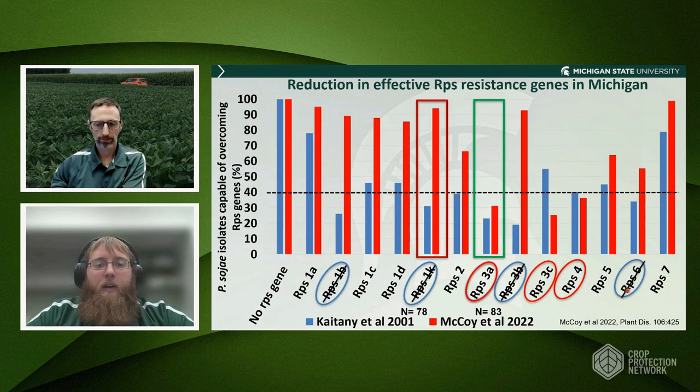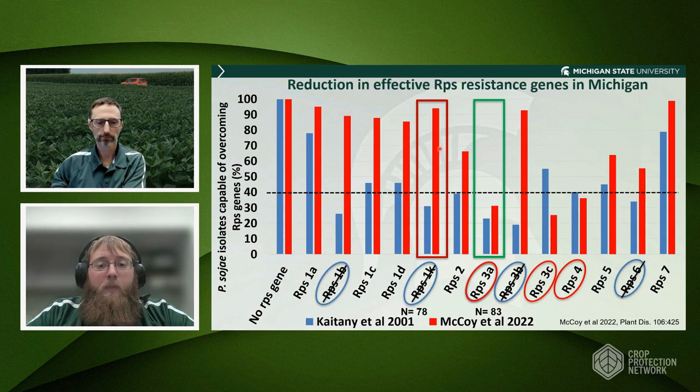What we're seeing now is that not only are those resistance genes not efficacious anymore, but for the RPS1 loci, RPS1A, 1B, 1C, 1D, and 1K, 80% or more of the population can now overcome those resistance genes. That is very problematic because, like we've talked about, RPS1C and RPS1K are our two most prevalent resistance genes that are available.